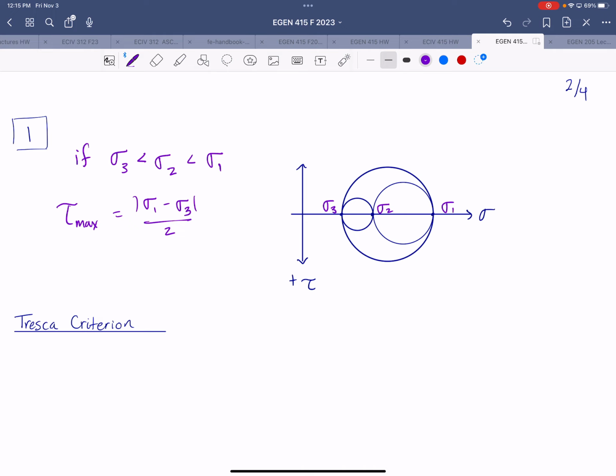You can take the absolute value of that difference, and technically plus or minus.